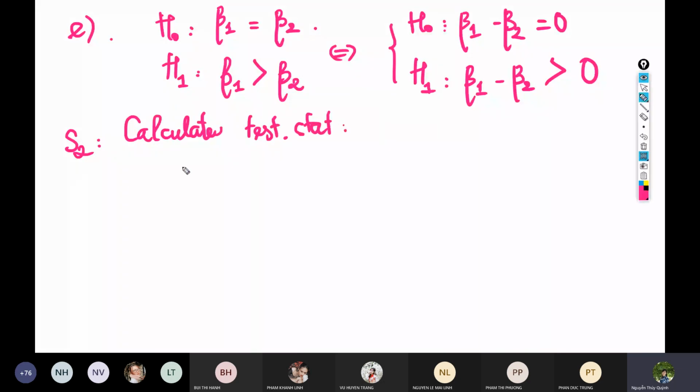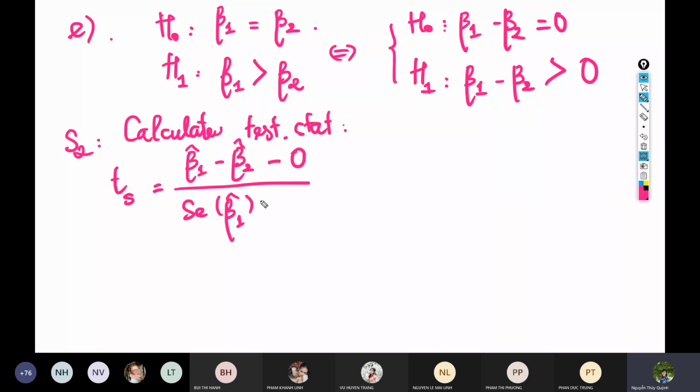We have TS is equal to beta 1 hat minus beta 2 hat minus the suspected value, which is 0, divided by the standard error of beta 1 hat minus beta 2 hat. Now we have to calculate the standard error of beta 1 hat minus beta 2 hat. What is it?